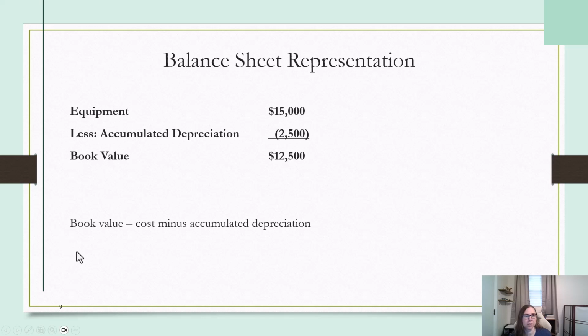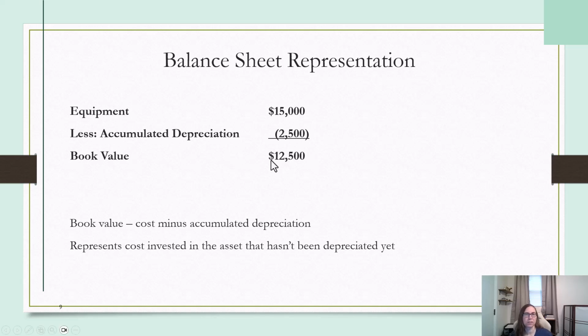If you look up the definition of book value, you're probably going to get a lot of different things, but this is all it is. It's basically representing the cost that has been invested in the asset, but it hasn't been depreciated yet. In other words, out of this $15,000 cost, they've depreciated $2,500, so $12,500 is the amount that they haven't depreciated yet.